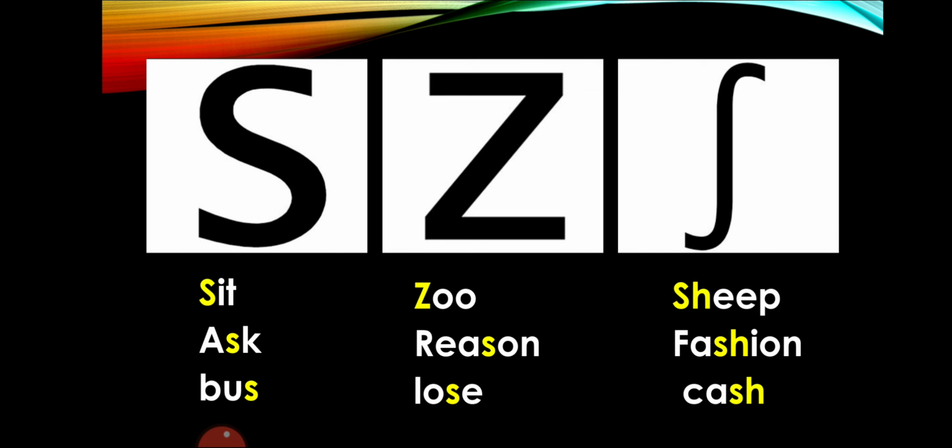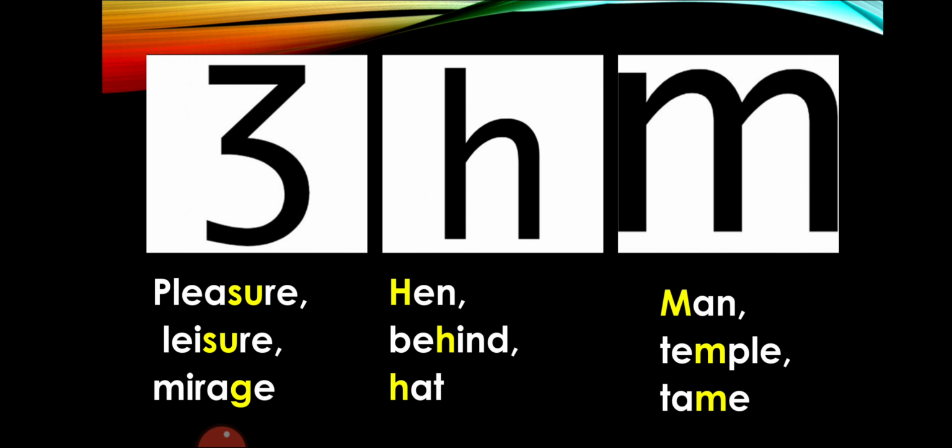And the next sound is sh, just like sh in sheep, fashion, cash. And the next sound is somewhat peculiar sound because we don't find this sound in our mother tongue.